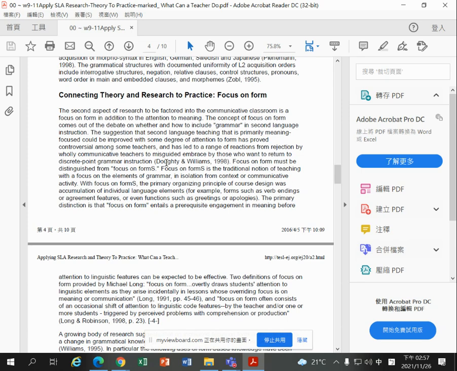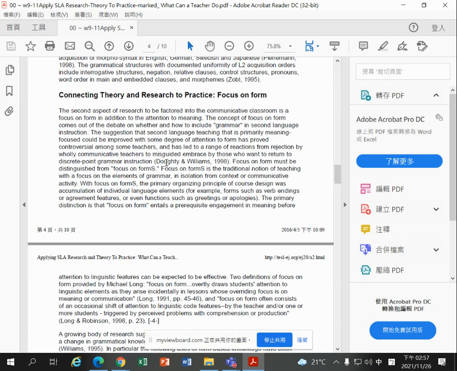But what is form? You will hear the term like linguistic feature. What is linguistic feature? For example, like some of you want to teach rules. So you will ask students to notice the rule. You will tell the rule. It's form focus.